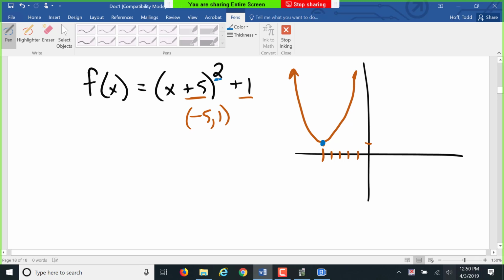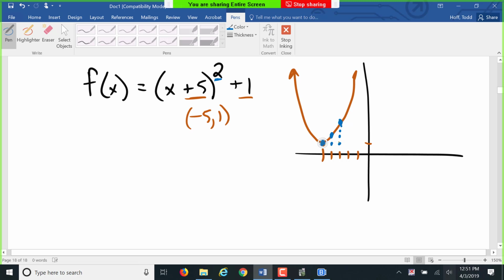Because this is x squared, it's a squared. If I go over 1 unit, what's 1 squared? 1, so I go up 1. Starting back at the vertex, if I go over 2 units, what's 2 squared? 2 times 2, 4, so I go up 4.